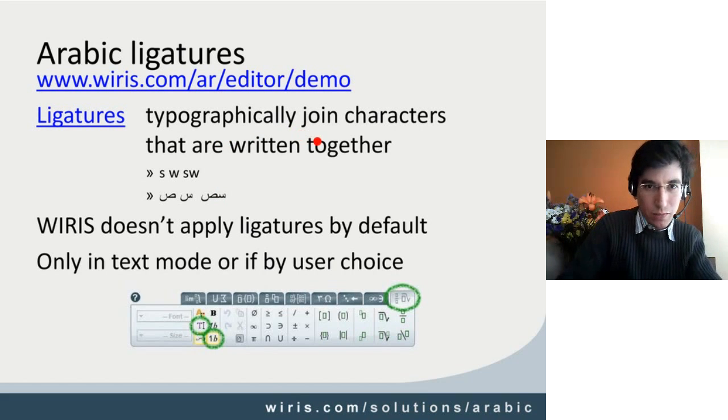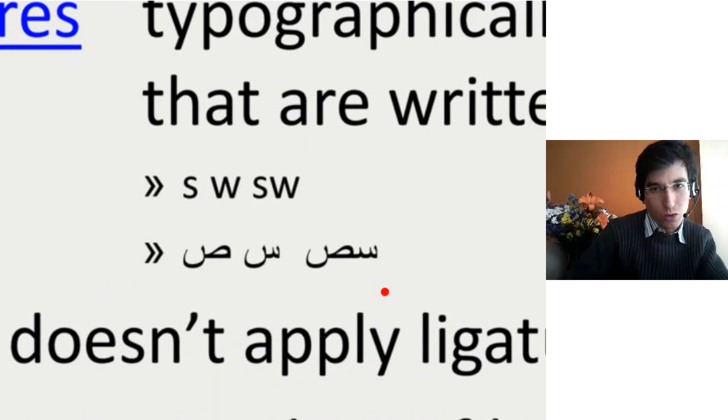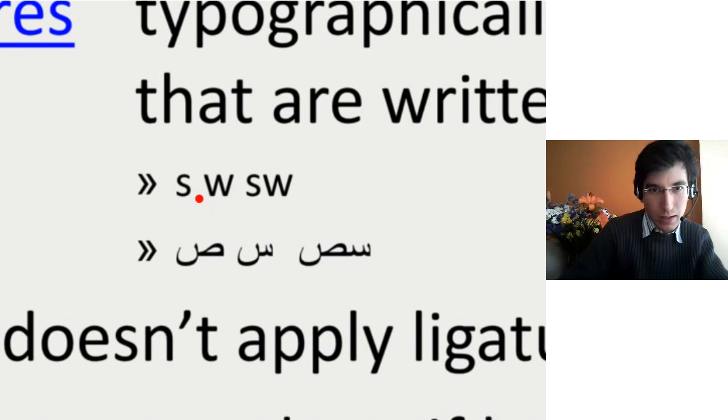I'll zoom. We're interested. So this would be SW as individual letters, and then as a letter group in a word. As you can see, this is SW together.